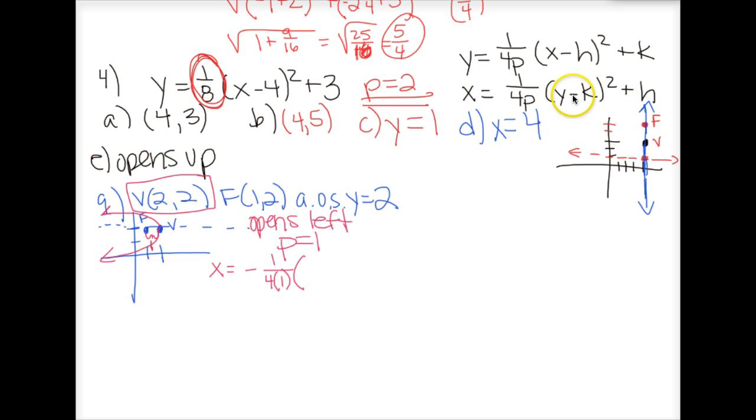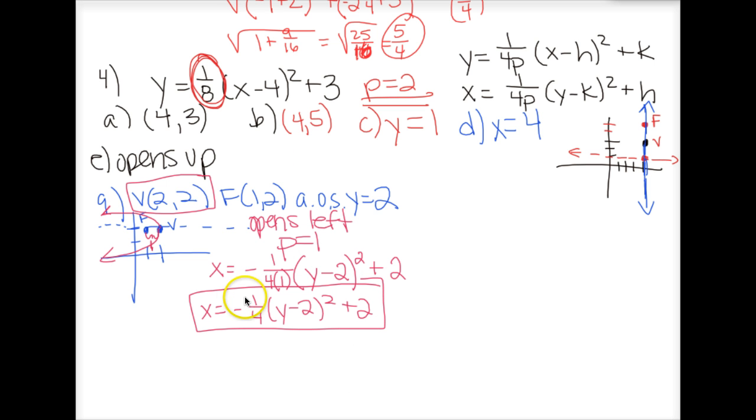Then it's (y minus k) squared, so y minus the y coordinate of the vertex, which is 2, squared, plus h. If the y coordinate was on the inside, that means the x coordinate's on the outside, and it keeps its sign, so plus 2. So the only thing that needs changed for my final answer is that I need to simplify my 4 times 1. So I get x equals negative 1/4 (y minus 2) squared plus 2.